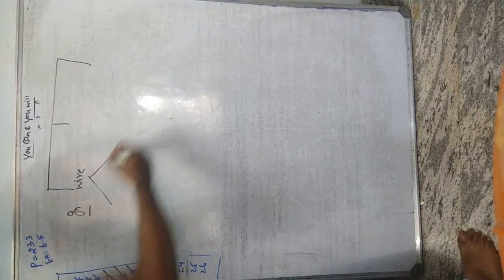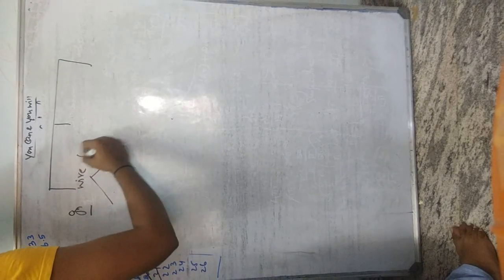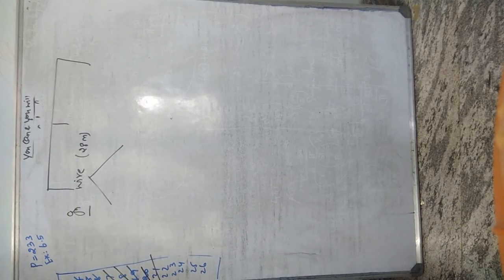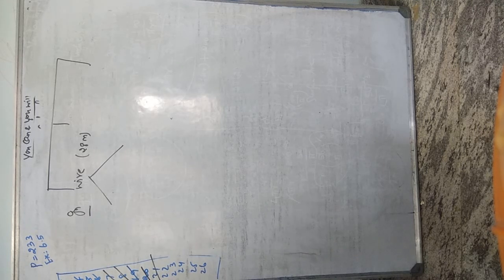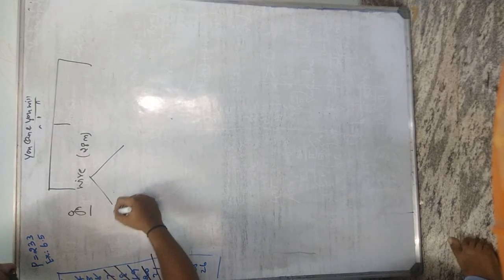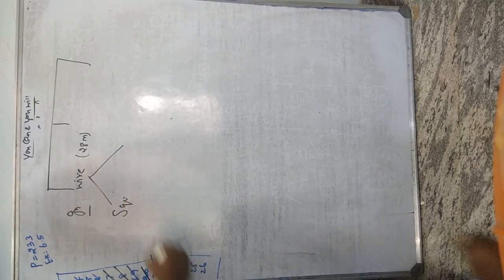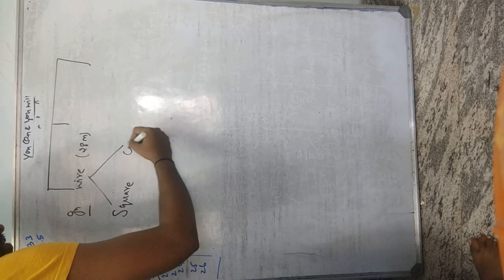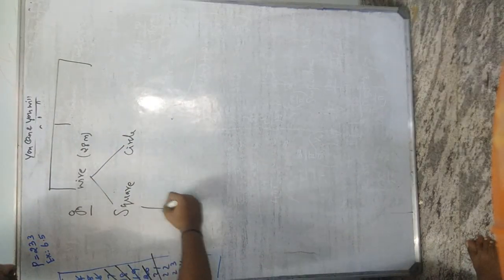So this wire, the wire of length 28 meter, is cut into 2 pieces. The first piece is made into a square, and the other one is formed into the shape of a circle.